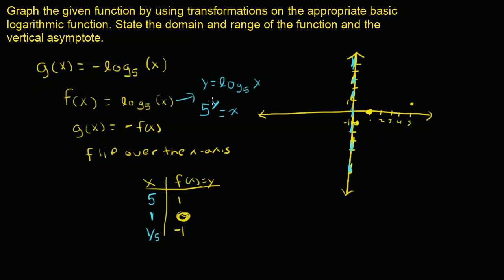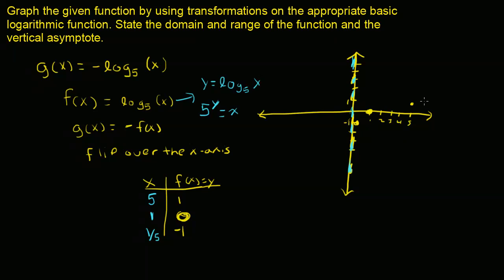X is always going to be positive. Even if you plug in really negative values of y, if y is -2, that's 1 over 25. If y is -3, that's 1 over 5 to the third power, so 1 over 125. It gets really close to 0, a really small number, but it will never cross the y-axis.